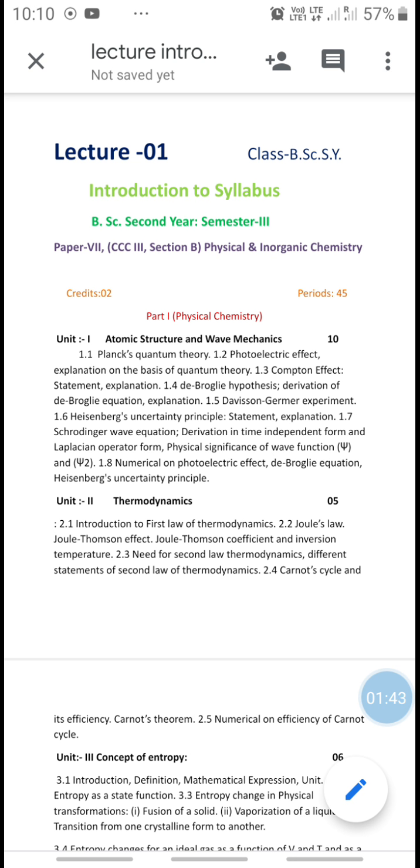Now in this year we are going to see the structure of atom according to wave mechanics. It means in BSc first year you have learned about the classical theory of structure of atom, and now we are going for the wave mechanical theories or quantum theories of atomic structure.